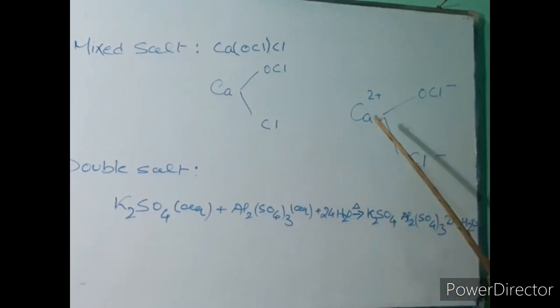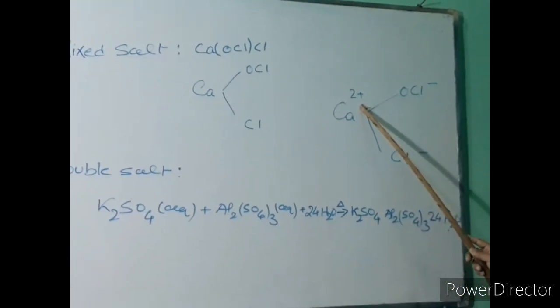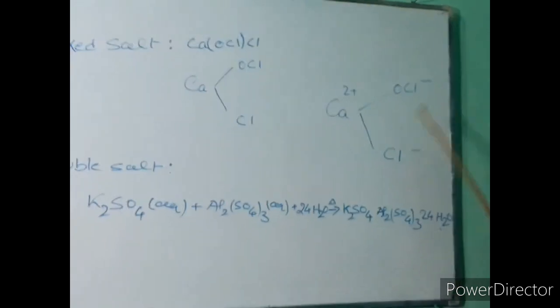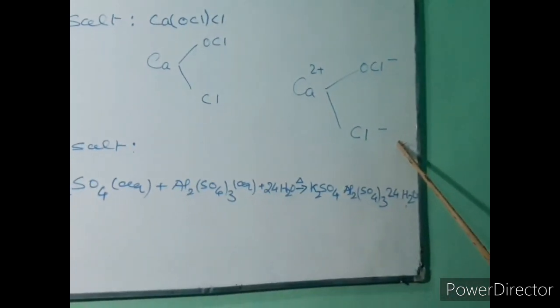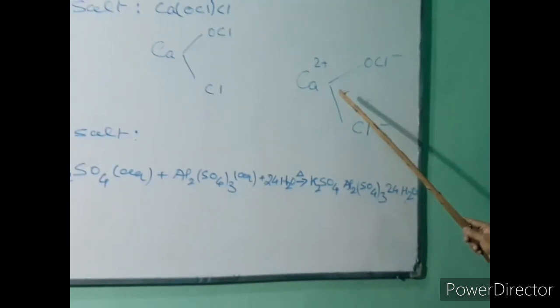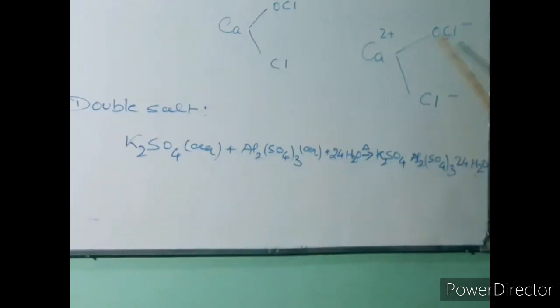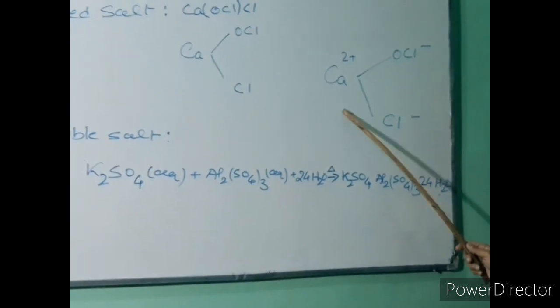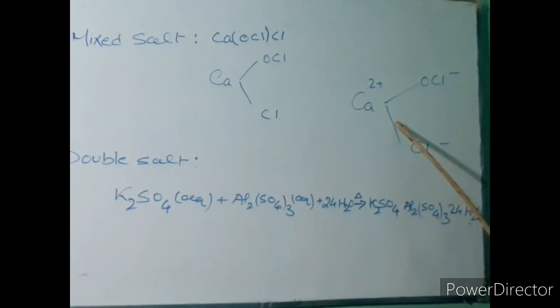Here you see Ca has 2 units of positive charge, and there are 2 ions, OCl minus and Cl minus. So here there is more than one ion other than H plus and OH minus. So it is an example of a mixed salt.